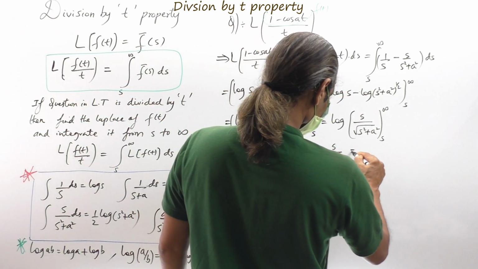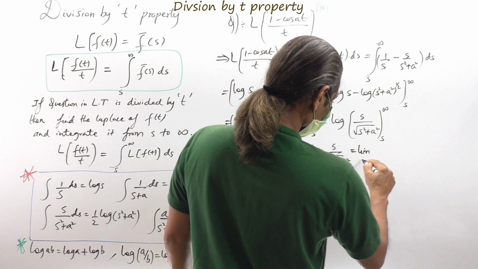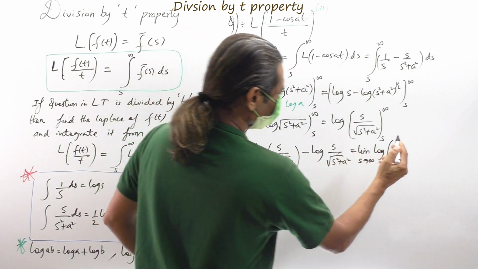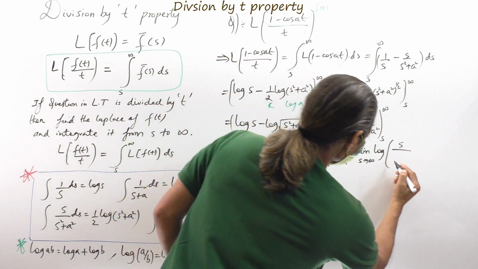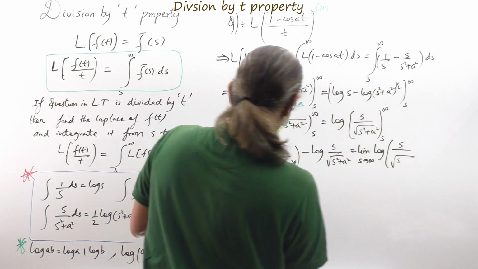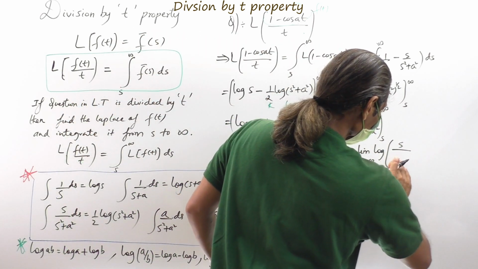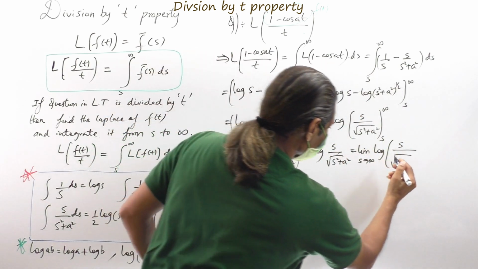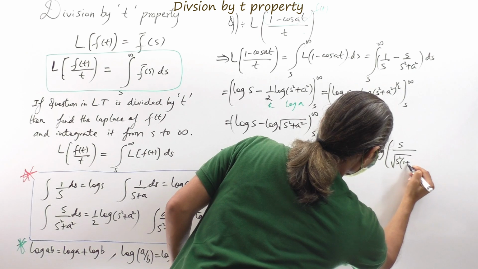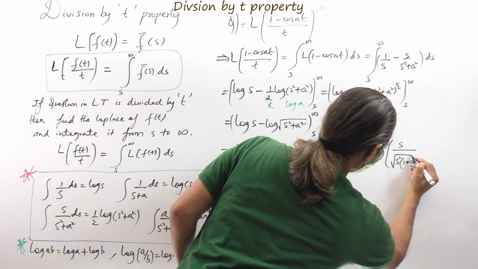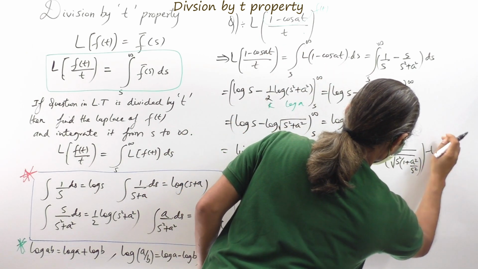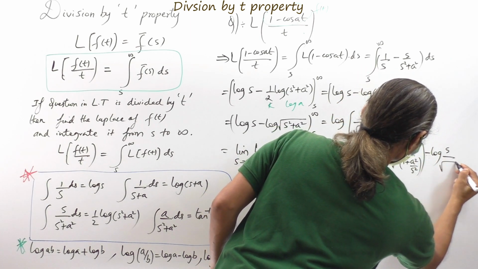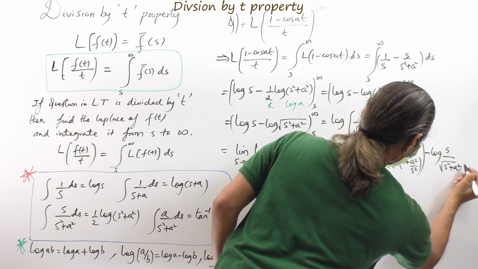This is again limit as s tends to infinity of log of, in the same way, s as it is, and in the root, if I take s square outside, s square plus a square becomes s square into 1 plus a square by s square, minus log of s by root of s square plus a square.